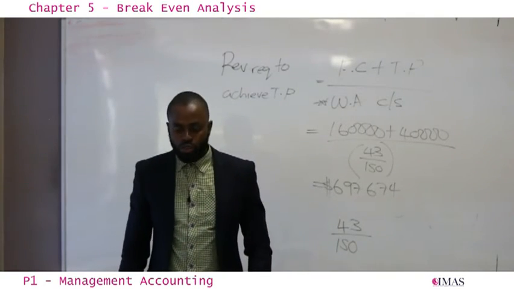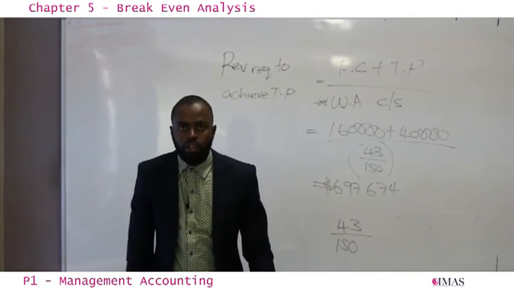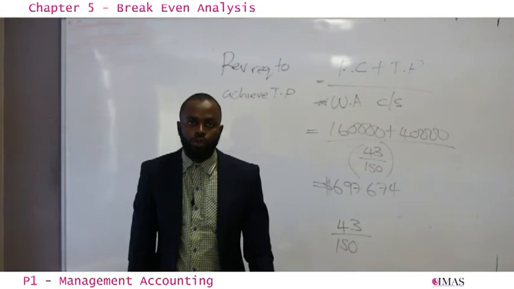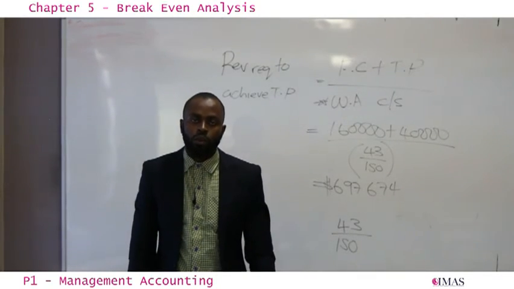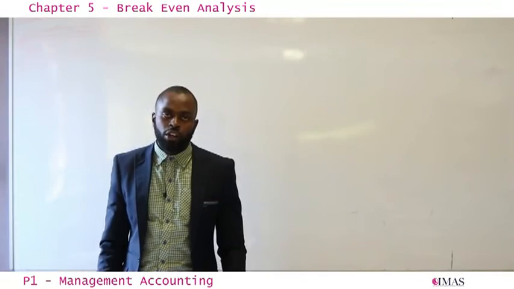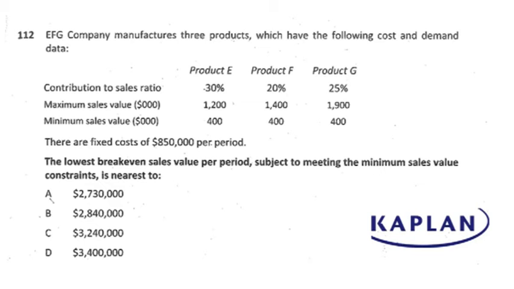Now what I want you to do is also try question 112. So you can just stop the video and try question 112. We're now going to look at our last question, question 112. In question 112, it's a bit different from the other question. It says, the lowest break-even sales value per period, subject to meeting the minimum sales value constraint, is nearest to.